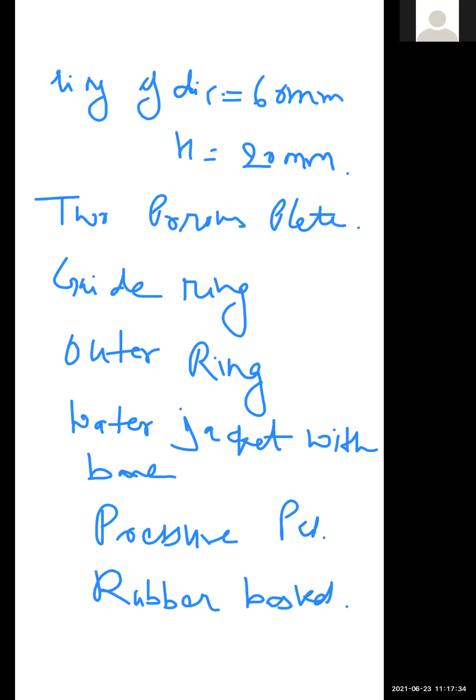Second tool is the loading device, consisting of frame, lever system, loading yoke, dial gauge fixing device, and also weights. Third is the dial gauge to read to an accuracy of 0.02 mm.